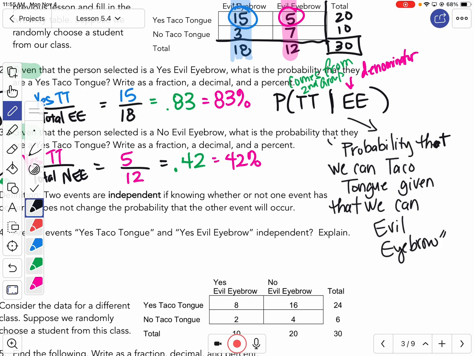So that's just the symbols. When you see that bar, it means we're going to limit our total group. We're going to take a smaller group, and then I'm going to choose something from that group as my numerator. So it just limits everything.